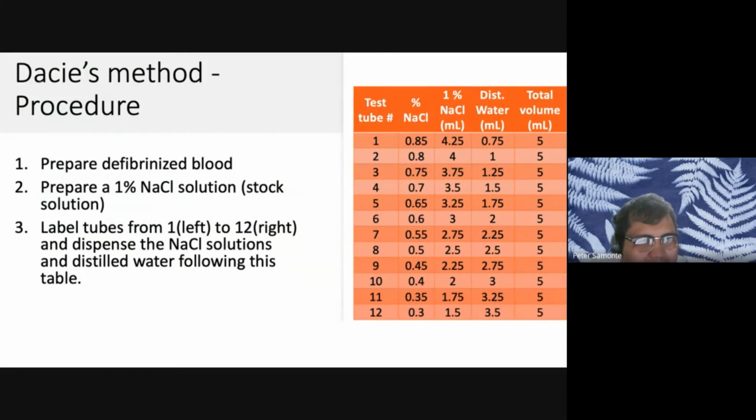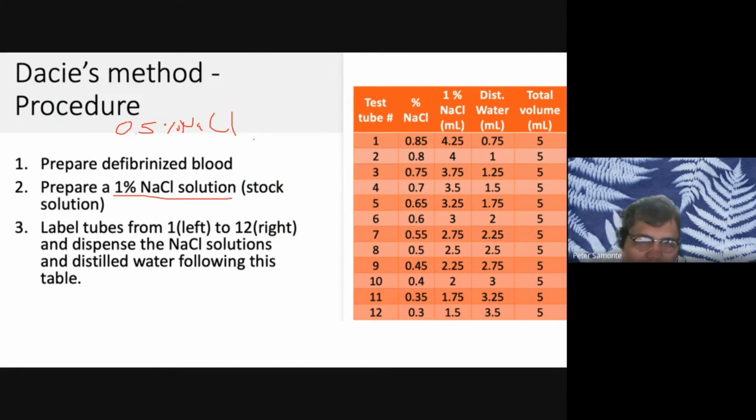Let's go to your DASIS method procedure. Now, this time, class, earlier in the Sanford method, you used 0.5% NaCl. In your DASIS method, you're going to use 1% sodium chloride solution.